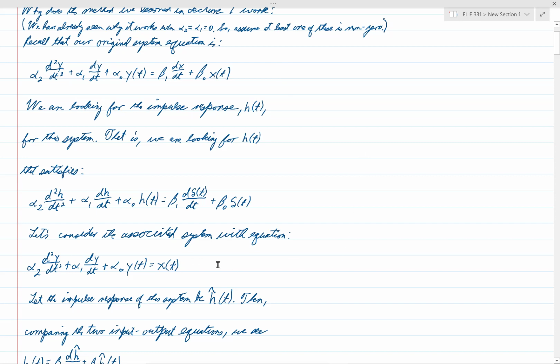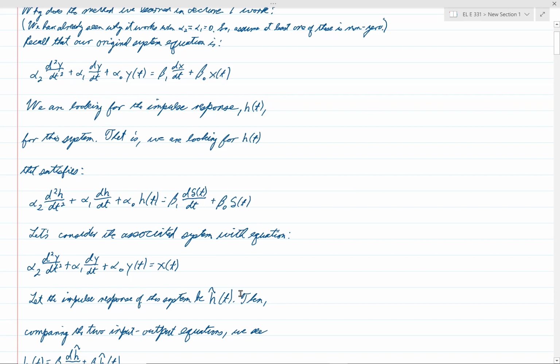So for this simpler, or associated system, whichever you want to call it, let's call the impulse response h hat of t. We don't want to call it h of t because then it's easy to confuse that with the h of t for the original system. We're going to find h hat of t, the impulse response of this system, first, and then from there we will try to find the h of t for this system.